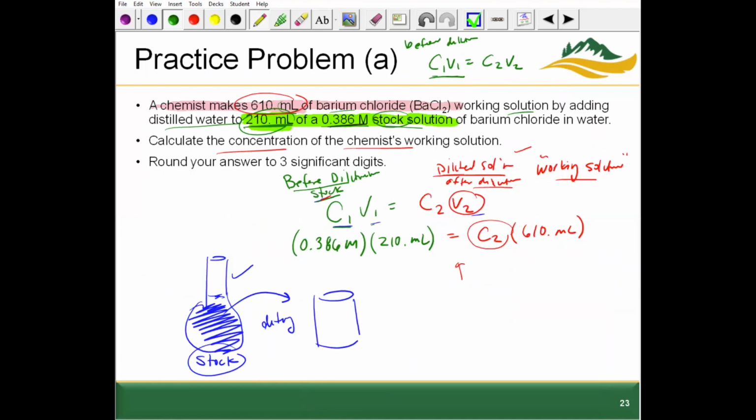The number of moles will be the same in our stock solution and our diluted solution. So now we have the number of moles for our diluted solution as well. We also have this volume, and ultimately we're getting closer because we just want to calculate the concentration of this solution.